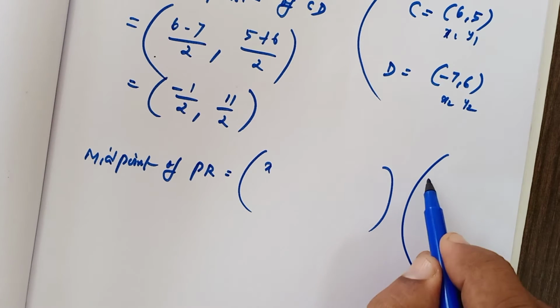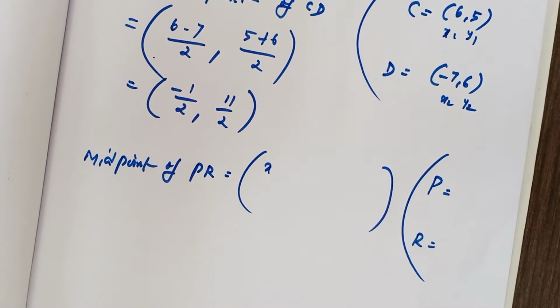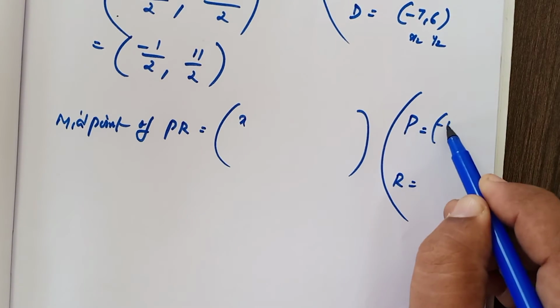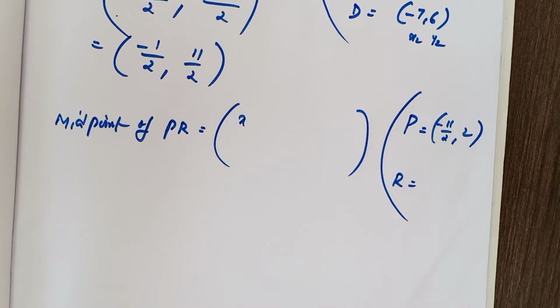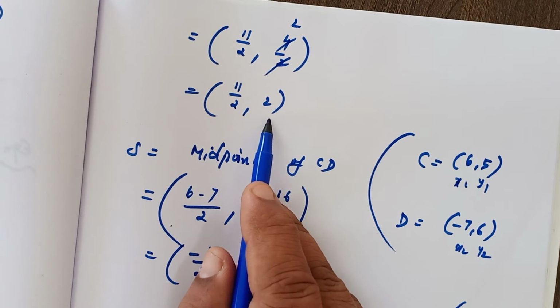Same formula only. I write the points P and R. P point we got already, (-11/2, 2). R point, here it is (11/2, 2).